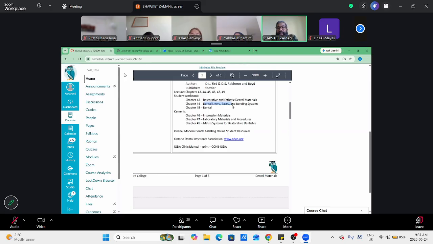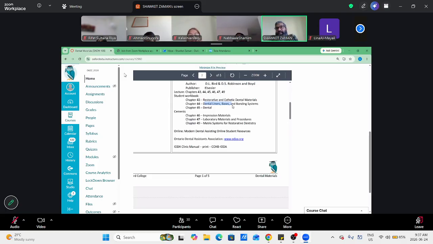And the last two are the impression materials and the laboratory materials. Impression materials means sometimes it is not possible to make the restoration immediately. So we have to take the measurement of the patient's mouth. By applying some materials in the mouth, we will get all the teeth and we make the model. So once we apply the materials to get all the tooth impressions, that is called the impression materials.